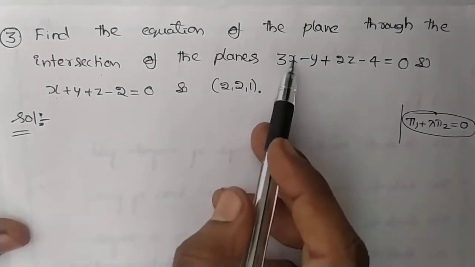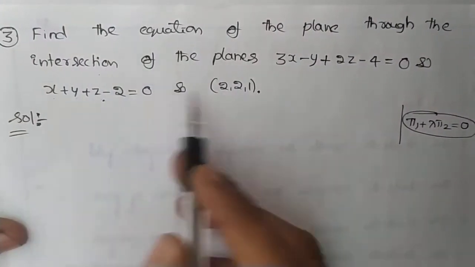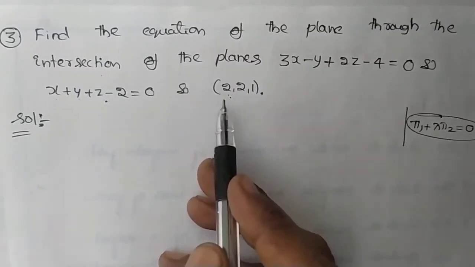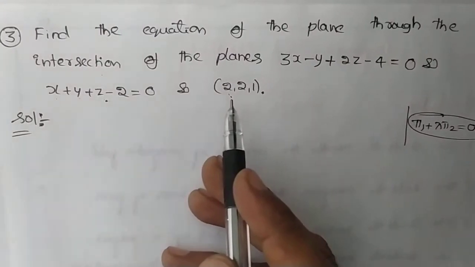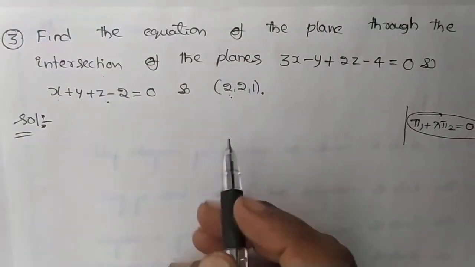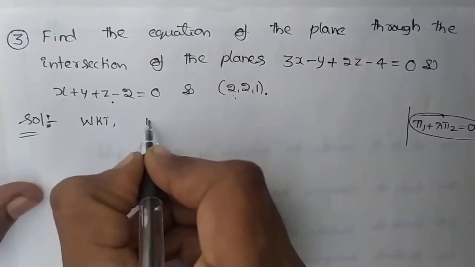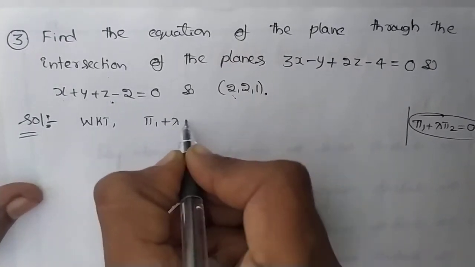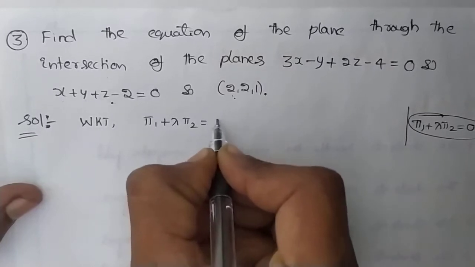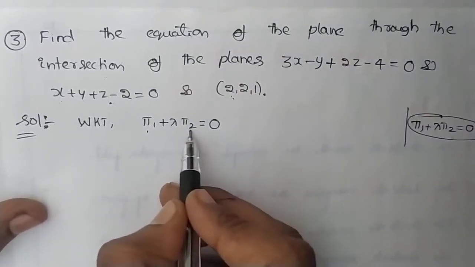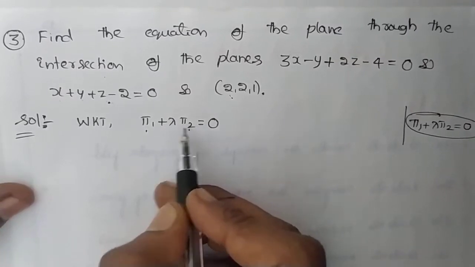Now, it is the first plane and it is the second plane, and it is passing through the point (2, 2, 1). Now we just write down the Cartesian form. We know that pi 1 plus lambda into pi 2 equals 0. Pi 1 is the first plane, pi 2 is the second plane.